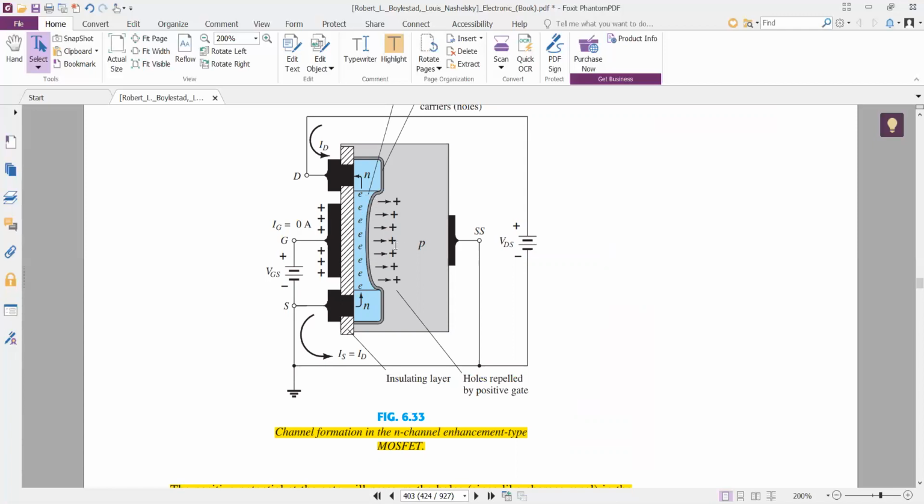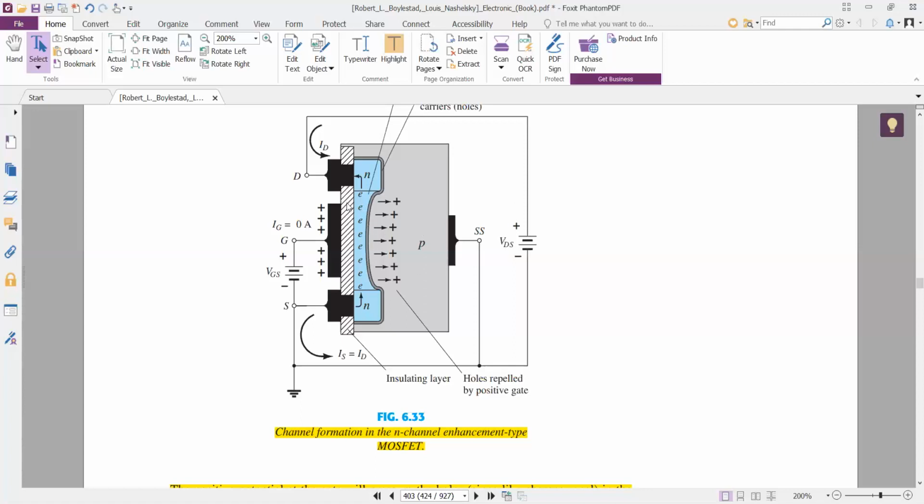Hence, the holes, which are the majority carriers in this P-type substrate, will be pushed deep into the substrate due to the repulsive forces exerted by the positive potential at the gate terminal. As a result, there will be a large number of minority carriers left near the gate boundary.